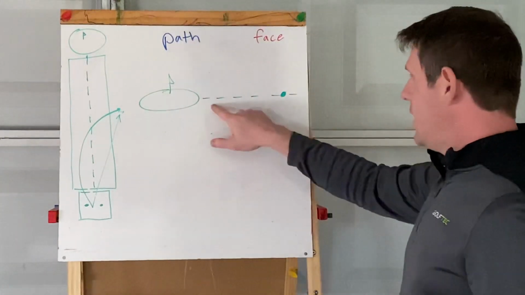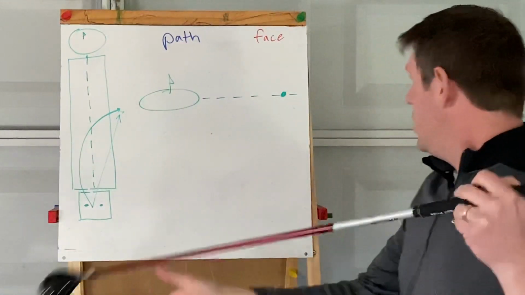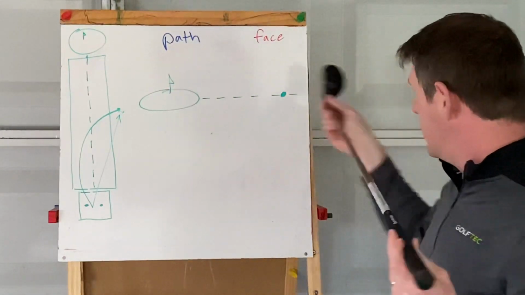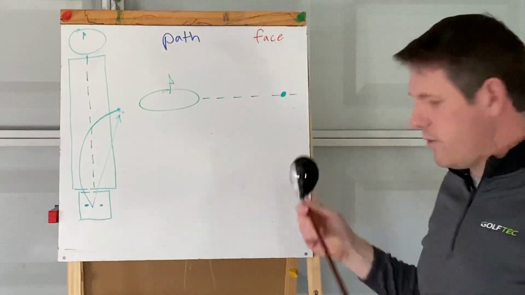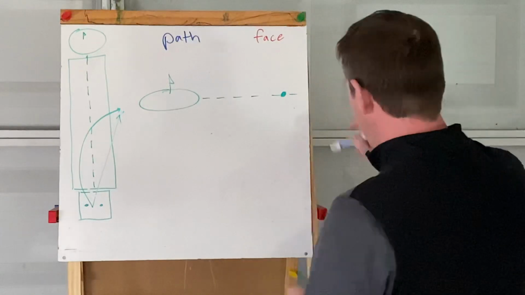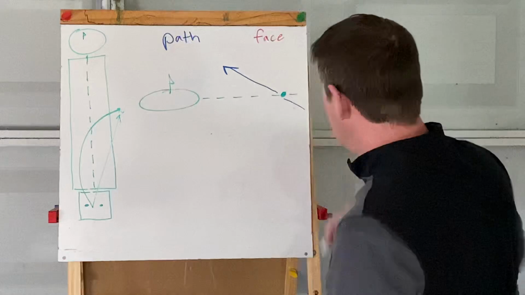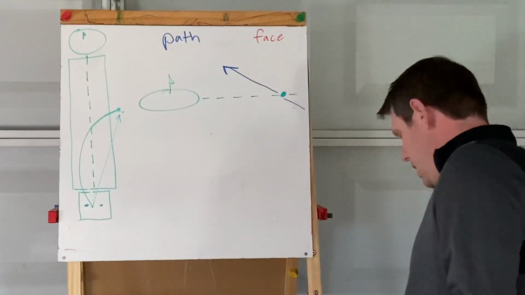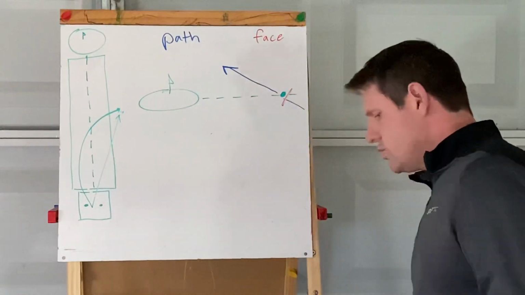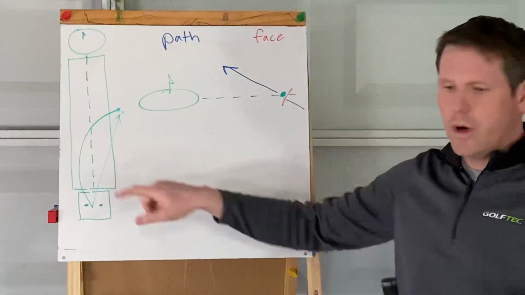This drawing that I've got right here is meant to illustrate your view as you're looking down at the golf ball. So here I've got a golf ball and a club head meeting the ball as the club is swinging and traveling like that. Now, if the club head is traveling on a path that goes this direction, like that blue arrow, and the club face is square to that, like this red line, that's going to cause that first push ball flight that I drew earlier.